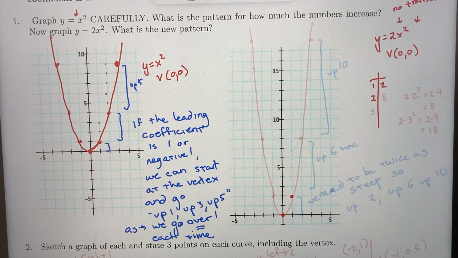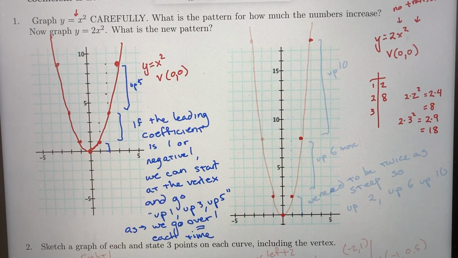And 2, I have to do 2 times 2 squared, which is 8. So 2, 8, and then 3, so 2 times 3 squared is 2 times 9 is 18. All the way up, oops, I didn't graph quite enough graph paper, but up 18.